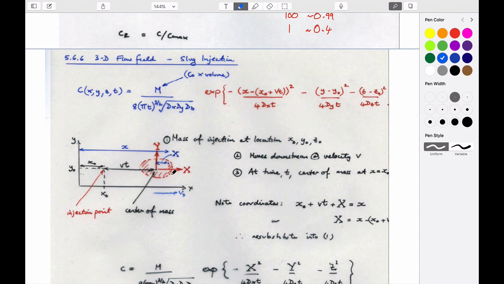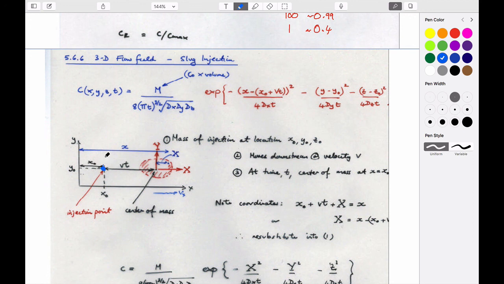It says that the concentration at any point, x, y, z, and at any time, if you have a source that exists at this particular point here, we can solve for the diffusive spreading of this thing, which will make a plume from this point-introduced, instantaneous source.